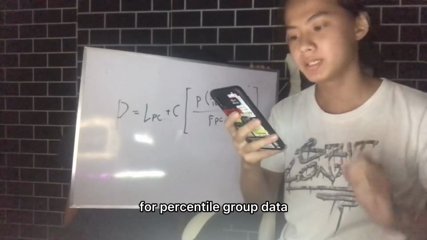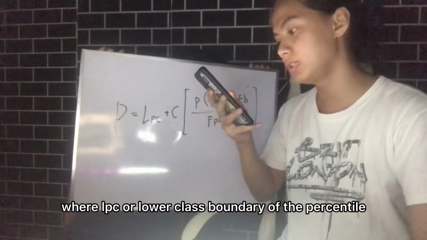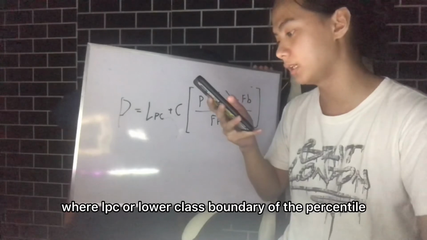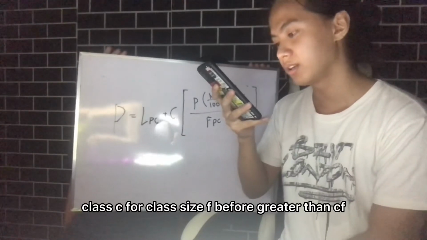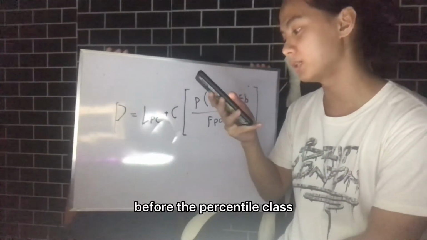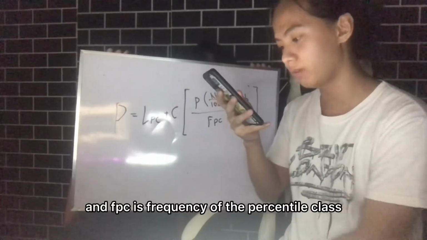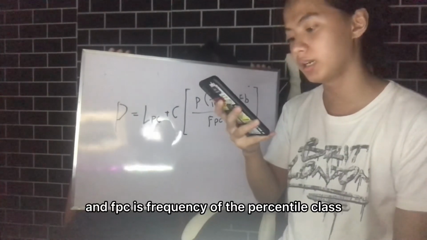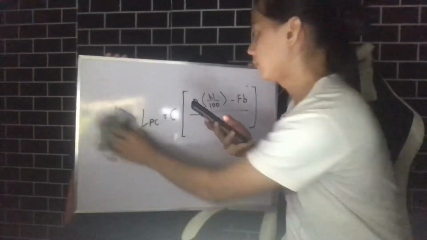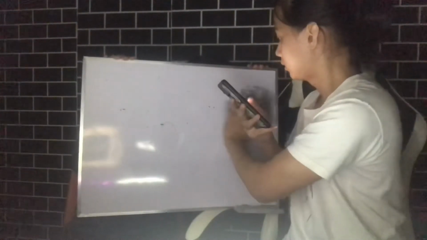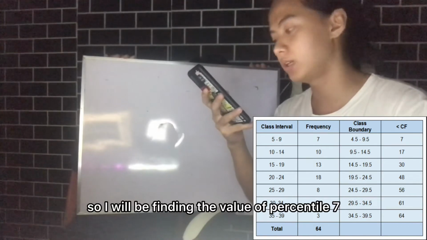For percentile group data, I will be using this formula where LCB is the lower class boundary of the percentile class, C for class size, CF before is the cumulative frequency before the percentile class, N is equal to the total number of observations, and FPC is the frequency of the percentile class. So I will be finding the value of percentile 7.